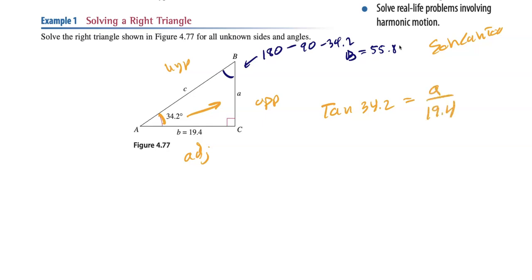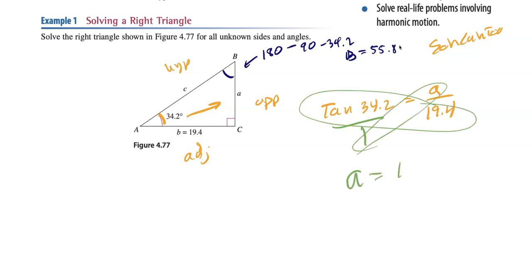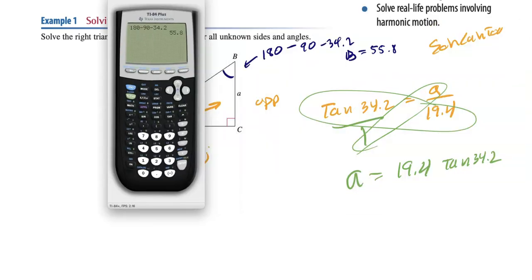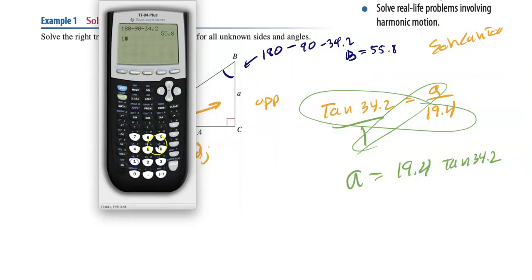Then we're going to cross multiply. So we get A equals 19.4 times tan of 34.2. Again, we put that into the calculator. 19.4 times tan of 34.2.